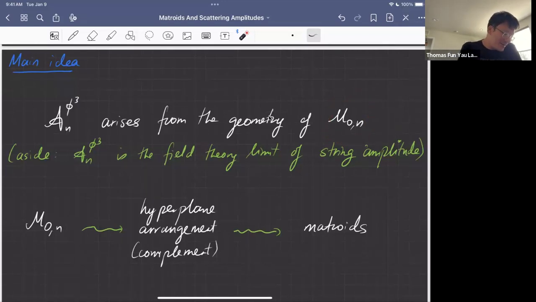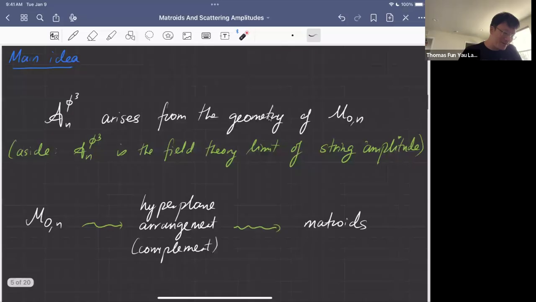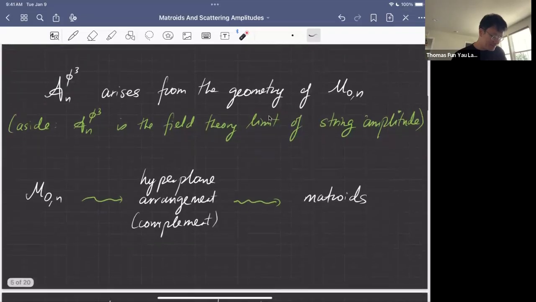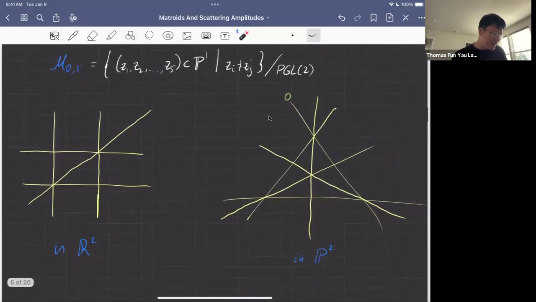So the fact that this particular amplitude arises out of M_0,n is a manifestation of the fact that it comes out of a quantum field theory that's a limit of the string theory. When your strings turn into particles, it will give this thing. String theory is considered to have behavior similar to actual particle scattering. Even though we don't know if string theory matches with nature, it does have the properties that are expected of typical particle scattering. Okay, let me go back to the point.